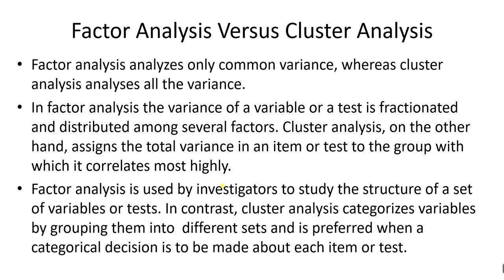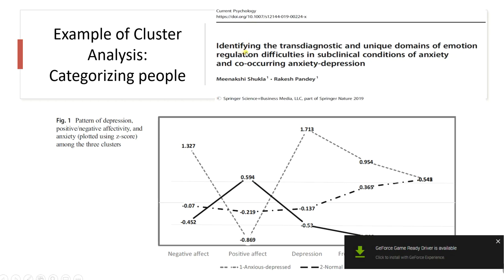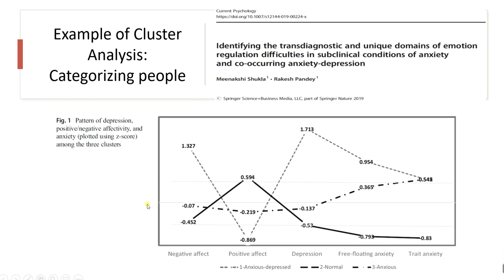I am giving one example of cluster analysis that we have done in one of our research papers, which has been published in Current Psychology. This is the title of the paper, and I have reproduced the figure here for demonstration purposes from my own research paper. In this, we administered the Positive and Negative Affect Schedule to assess the level of negative affectivity and positive affectivity in individuals.